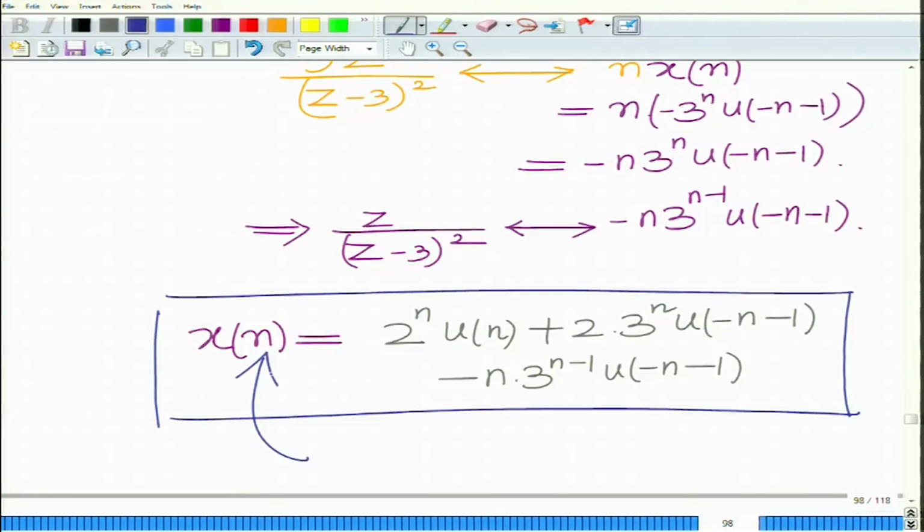This is the inverse z transform of the given function.